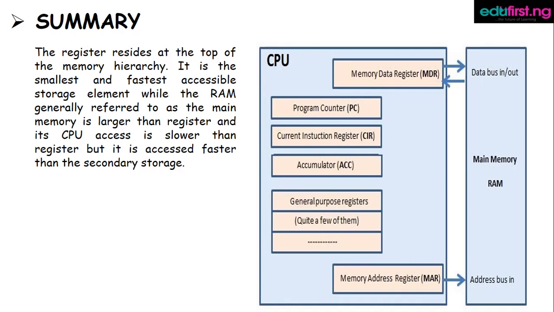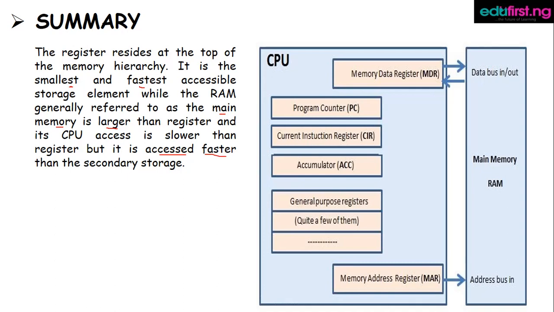It is the smallest and fastest accessible storage element, while the RAM, generally referred to as the main memory, is larger than the register, and its CPU access is slower than the register, but it is accessed faster than the secondary storage.